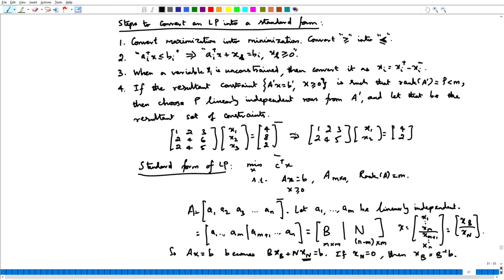If A had all these vectors A1, A2, ... An, and you choose any m linearly independent vectors, you can construct a vertex from that. You choose xB as B inverse b and xN as 0.